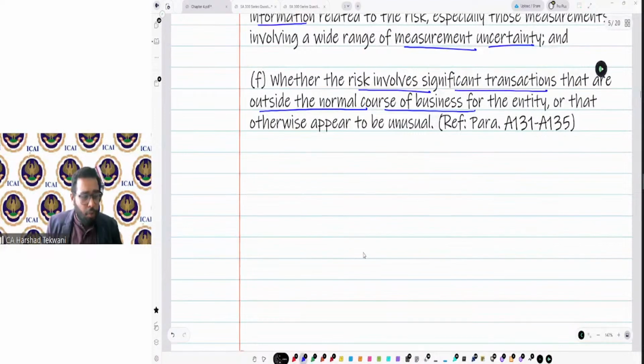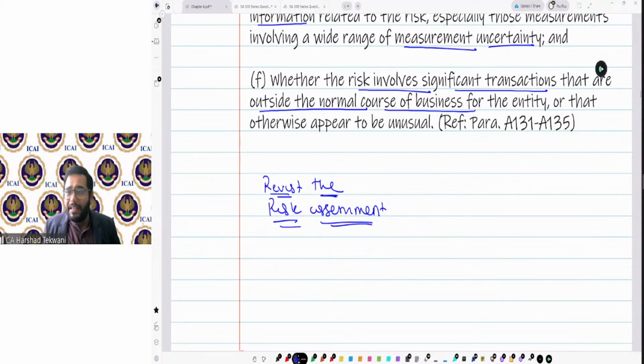There's a need to revisit the risk assessment, and that is again the requirement of SA 315, revision of the risk assessment. SA 315 says that the auditor's assessment of the risk of material misstatement at the assertion level may change during the course of audit. So your risk assessment may change during the course of audit.